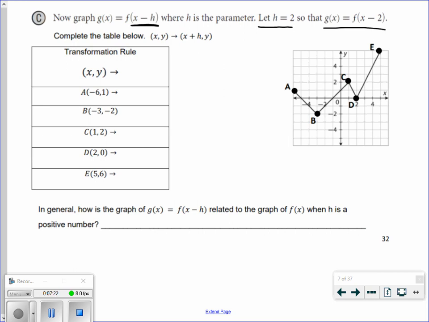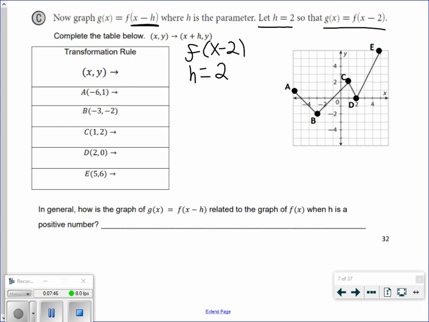So for C, we're told h is 2, but our equation is f of x minus 2. That equation, f of x minus 2, really means that h equals +2. Because remember the original equation, if you go back to page 30 in your notes, g of x equals a times f of 1 over b, x minus h.